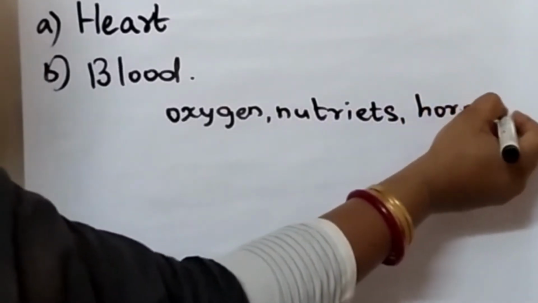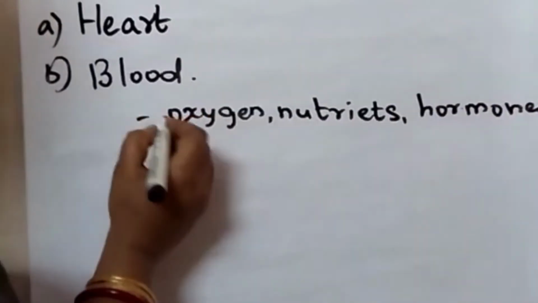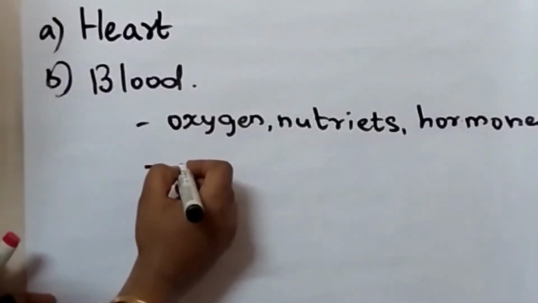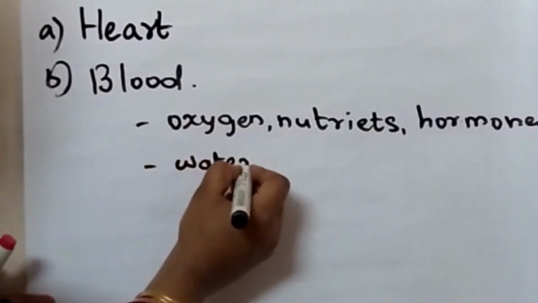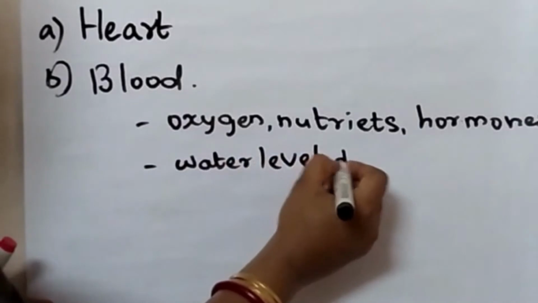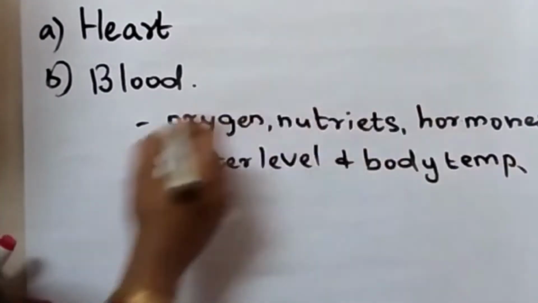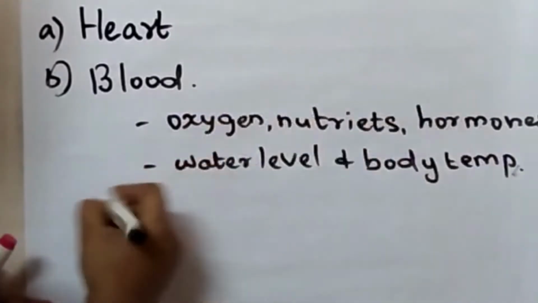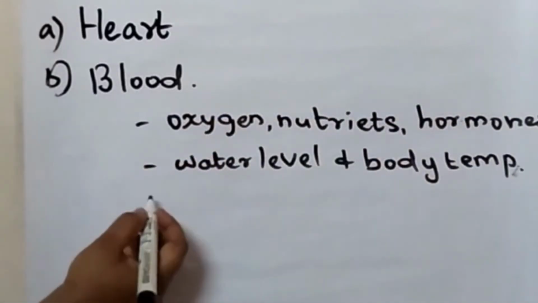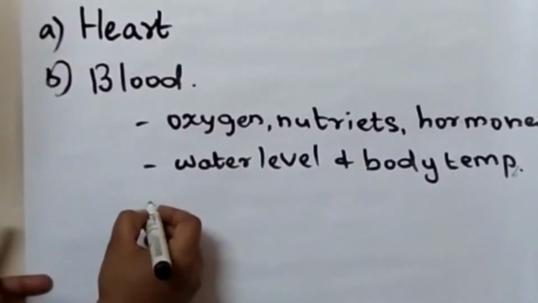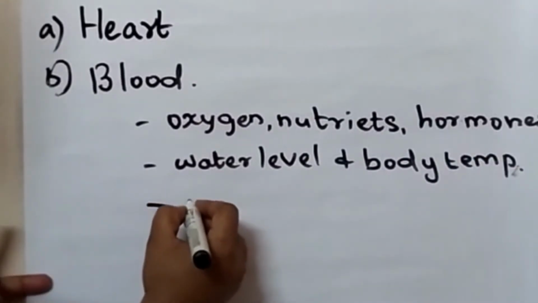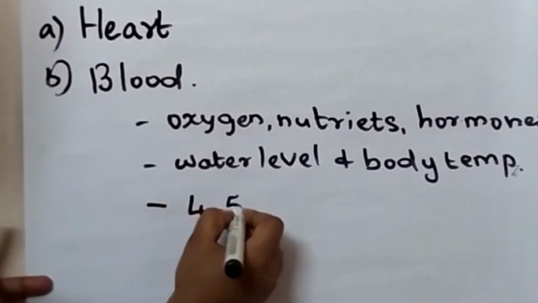It regulates water level and body temperature. The volume of blood in an adult is about 4 to 5 liters.